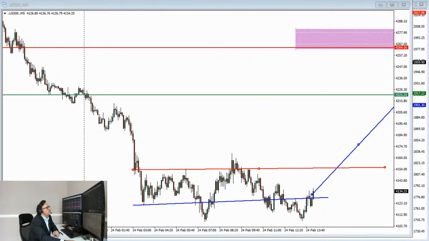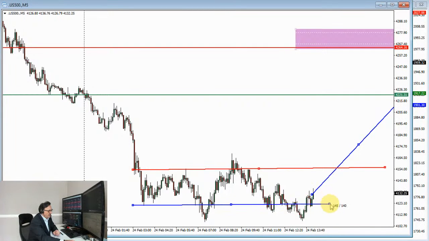I've just decided to go long S&P, very speculatively long, completely counter trend. But let's see if I get a push to something like this. So even this many points I would be happy with.